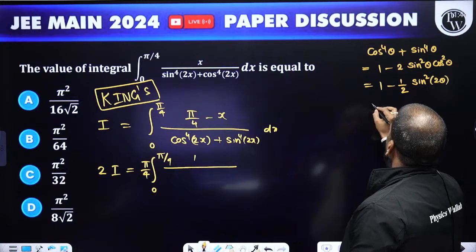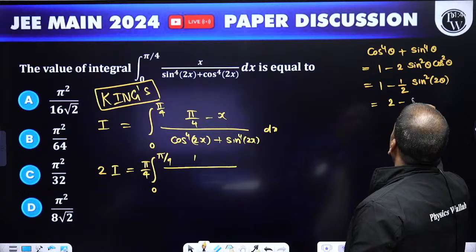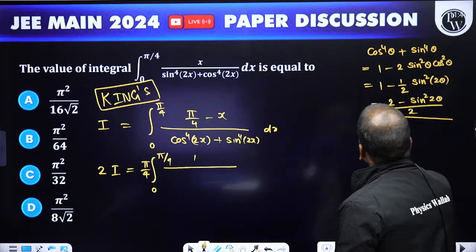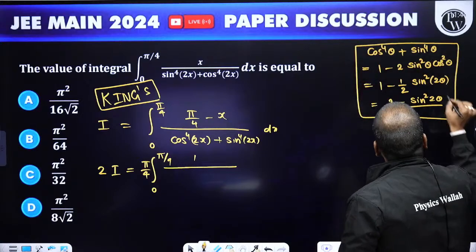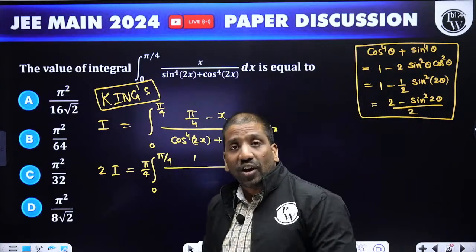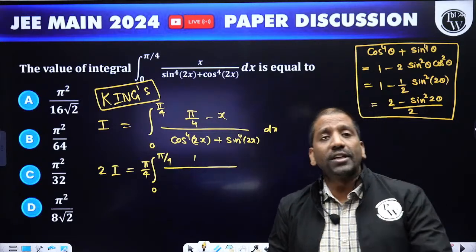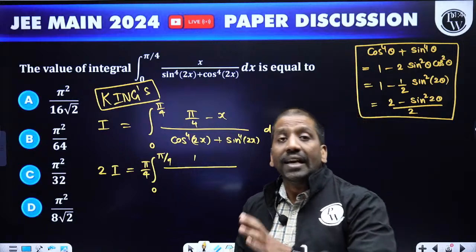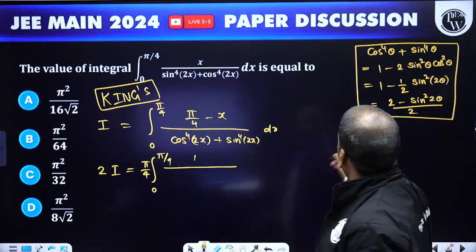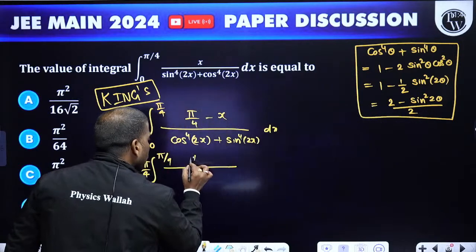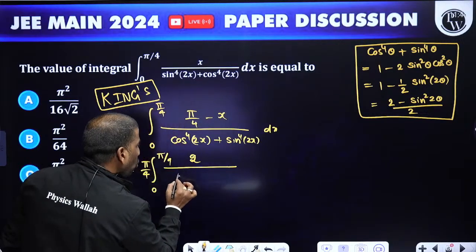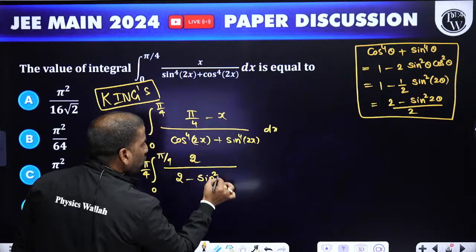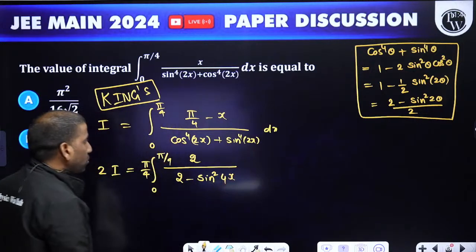So I could write 2 minus sine square 2 theta by 2. Sine power 6 theta plus cos power 6 theta and sine power 4 theta plus cos power 4 theta are the most repeated expressions in all chapters. So we apply it here. This will become 2 in the numerator, 2 minus sine square 2 times theta. Already 2x is there, that is 4 times x.